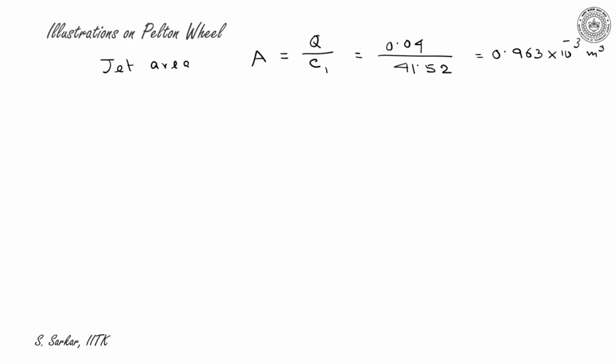Just the jet diameter can be given as d is equal to (4A by pi) to the power half.